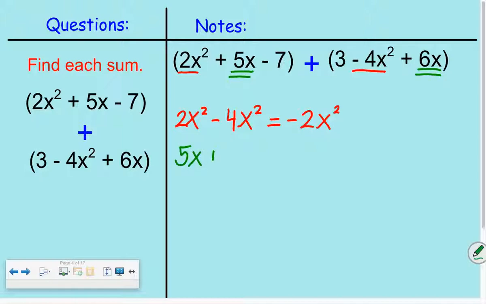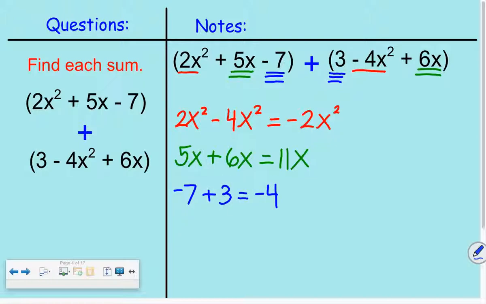So 5 plus 6 is 11. And negative 7 and 3 are like terms. Negative 7 plus 3 is negative 4. So then for my answer, I'll write negative 2x squared plus 11x minus 4.